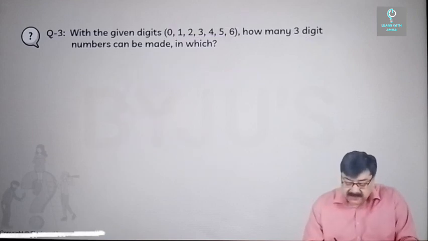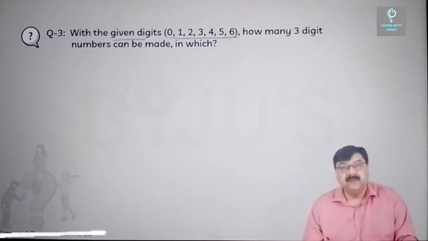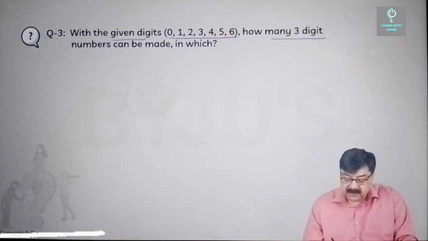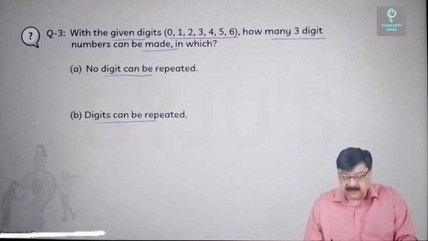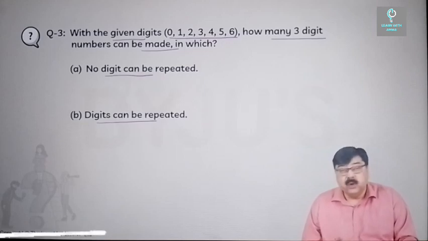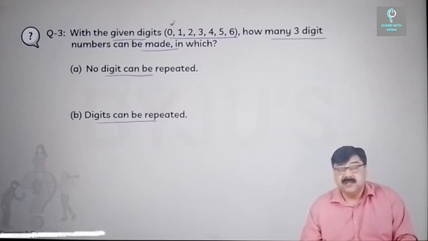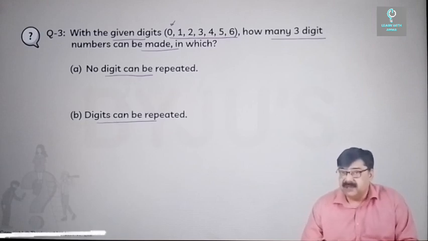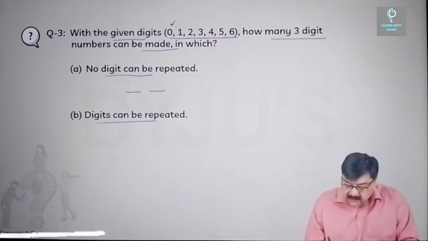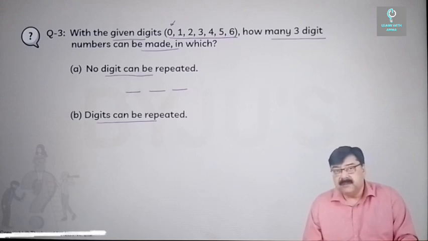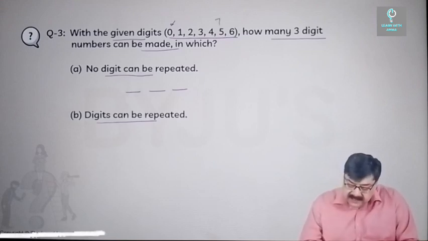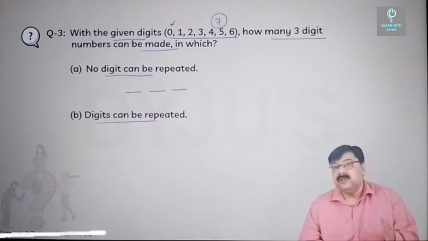Next question, with the given digits 0, 1, 2, 3, 4, 5, 6, how many 3-digit numbers can be made in which no digit can be repeated, or digits can be repeated? Now, whenever you are given certain digits and 0 happens to be one of those digits, then you need to be a little careful. Now, you need 3-digit numbers where no digit can be repeated. And these are 7 digits which are given to you from 0 to 6.